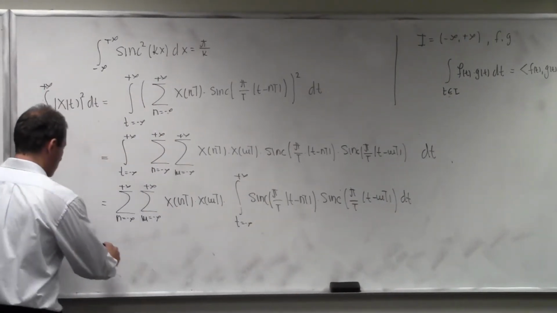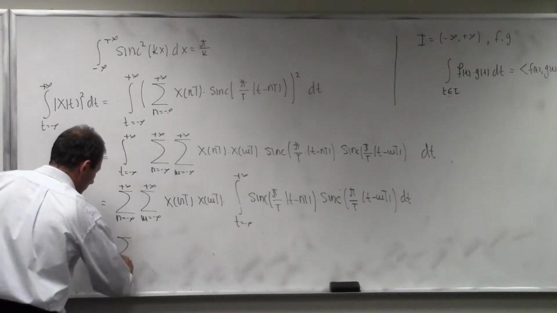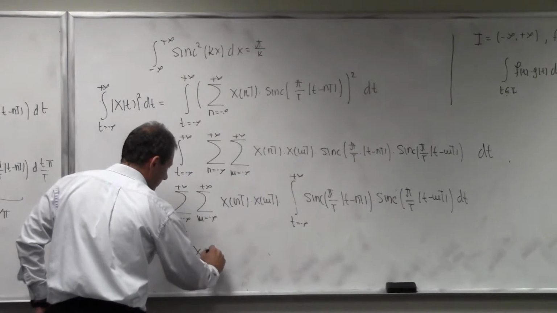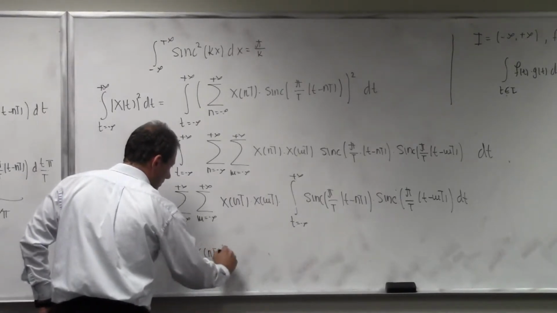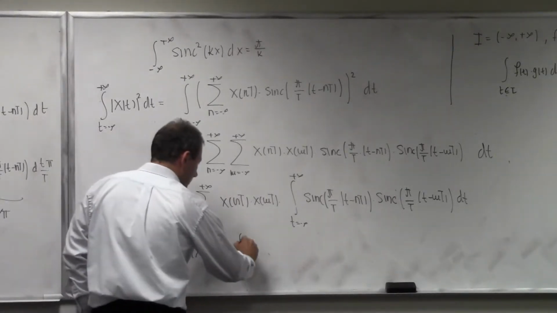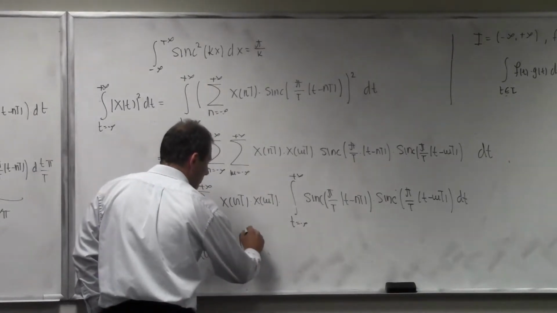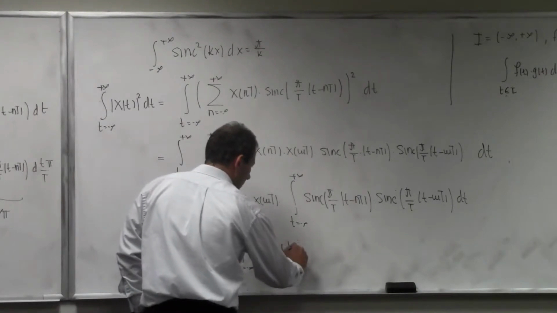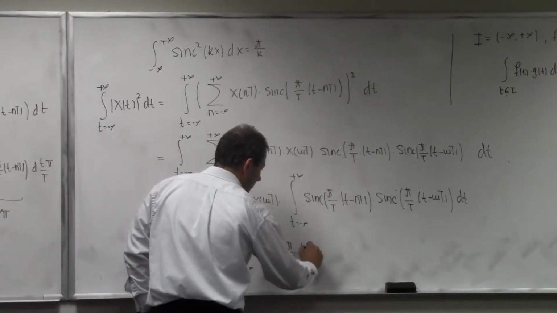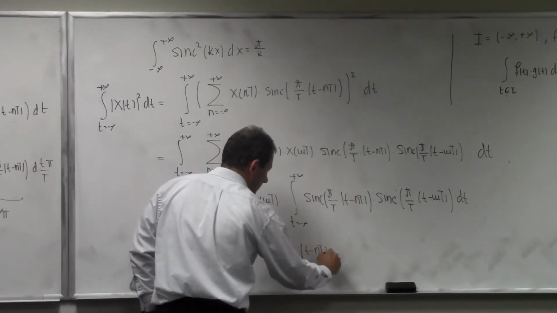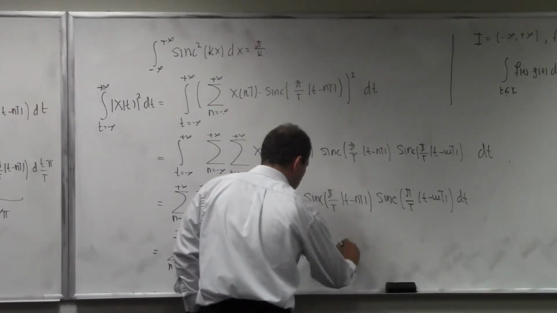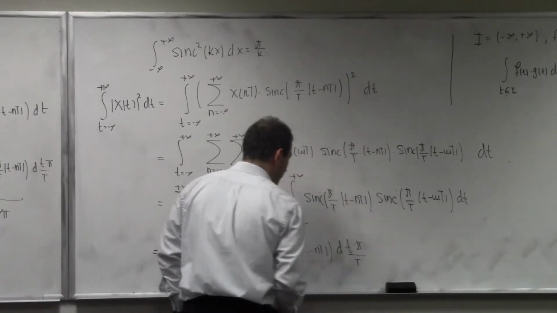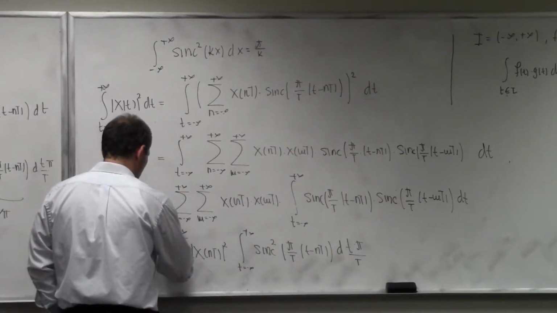So these two sums collapse into one sum when n goes from minus infinity to plus infinity, x of nT squared, and then t goes from minus infinity to plus infinity, sinc squared of pi over T, t minus nT, and then dt, pi over T, and then here T over pi.